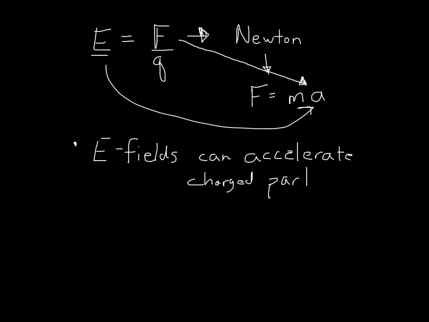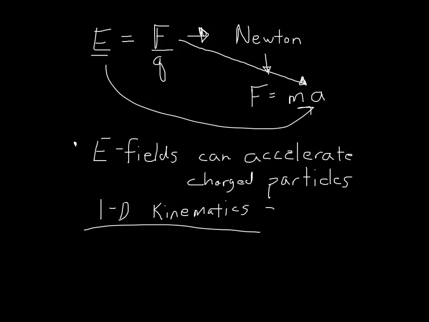And how do we calculate this motion? We can calculate this motion using our tried and true, these things that I told you you would have to know, the 1D kinematic equations. You will never escape these as long as you are doing anything in any kind of physics class. The 1D kinematic equations, remember velocity is equal to initial velocity plus the acceleration times the change in time, where this acceleration is now going to come from an electric field.